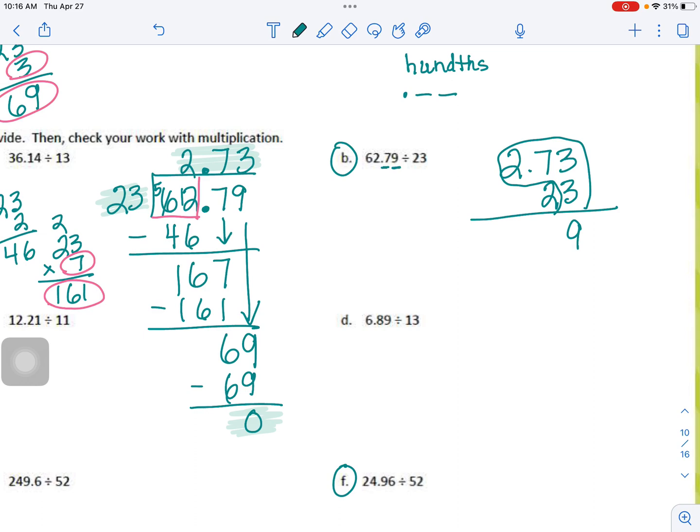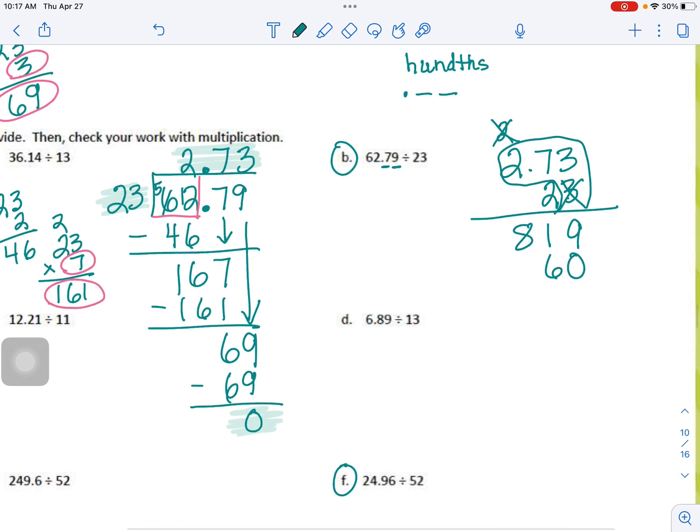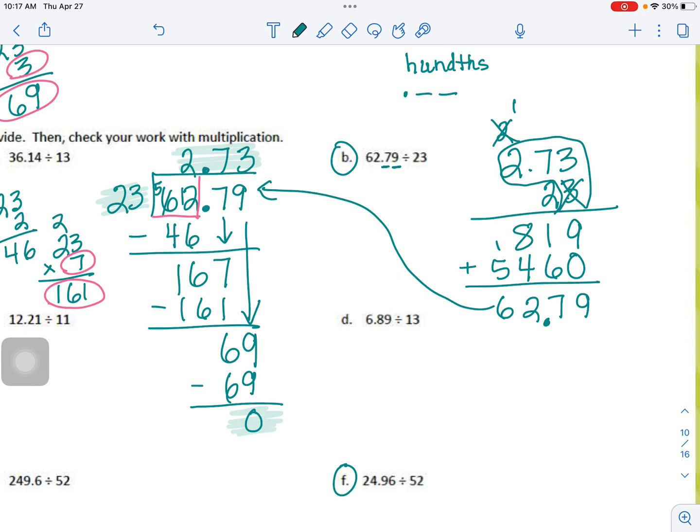So go ahead and multiply. And place your decimal, and it looks like I've got the dividend I started with.